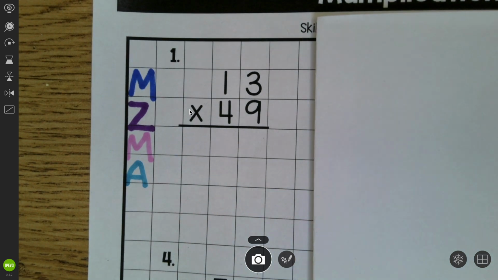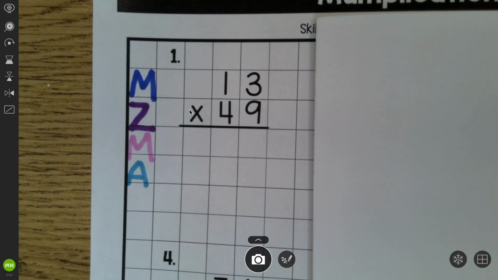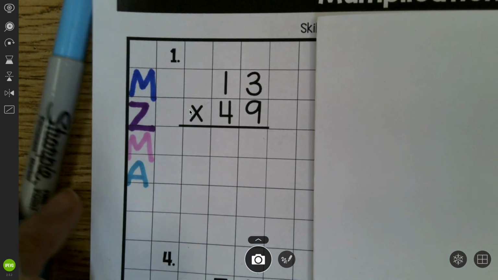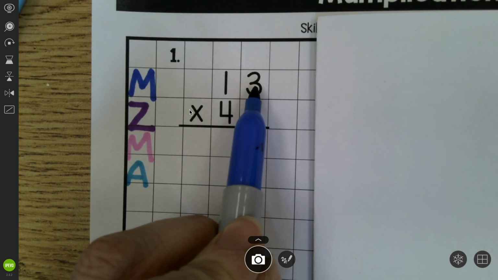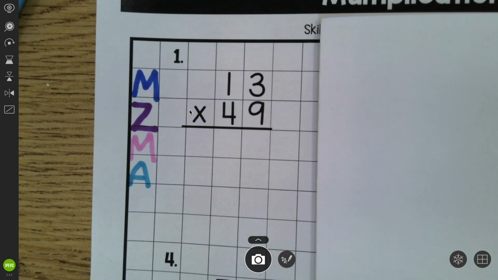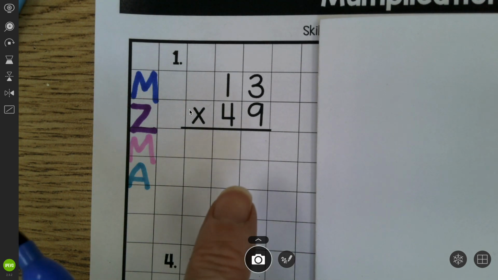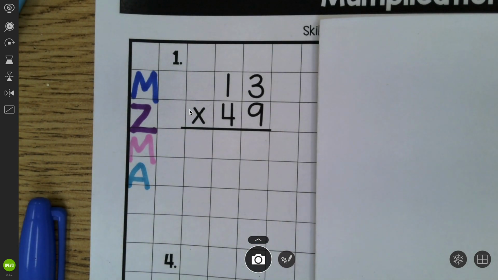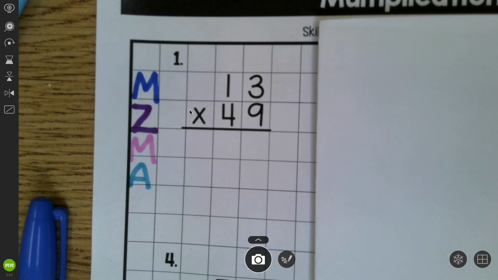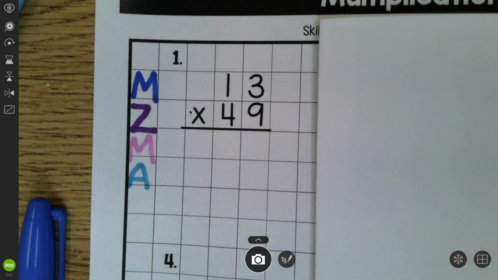So we're going to start at the 9, and we're going to multiply 9 times the top number in the ones place, so the 3. 9 times 3, and we're going to skip count by 9s 3 times. Okay? So 9 times 3, 9, 18, 27. Stop. 27.